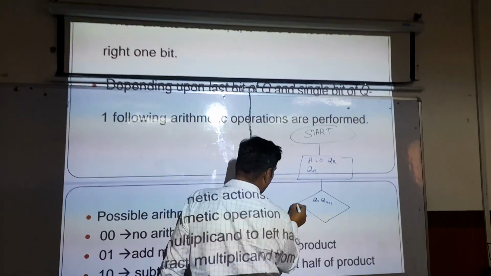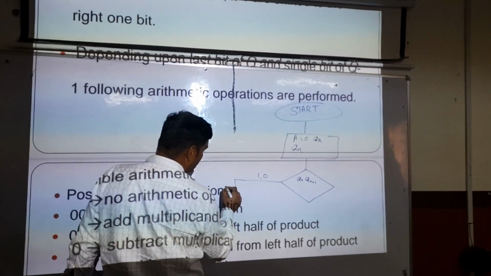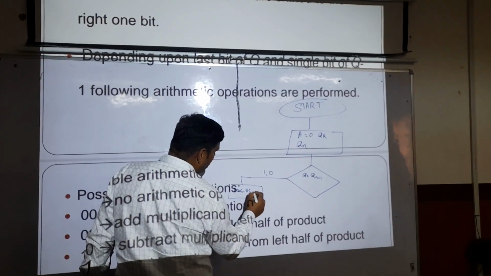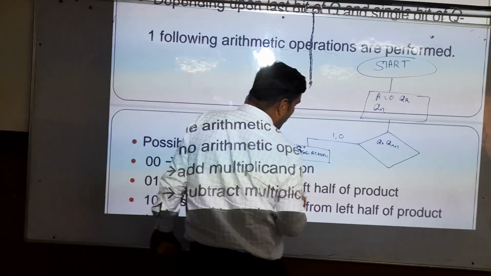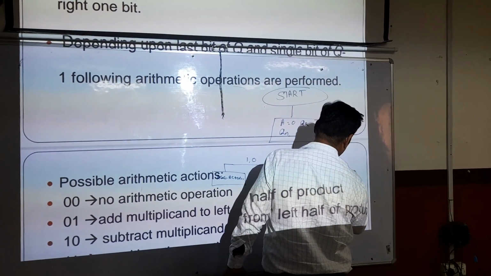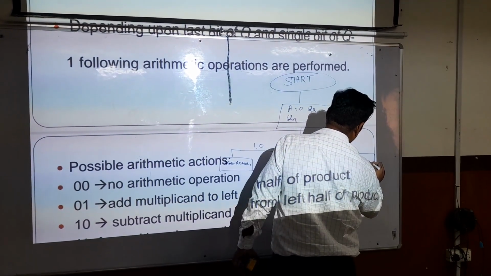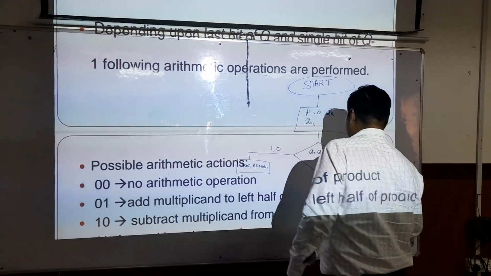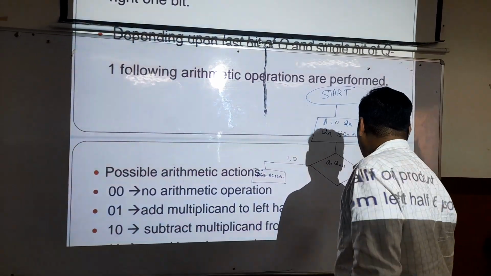If 1 0, then accumulator is equal to AC plus BR dash plus 1. Otherwise, AC is equal to AC plus BR. Sequence counter is equal to N.